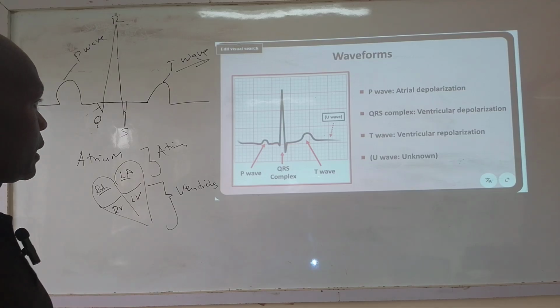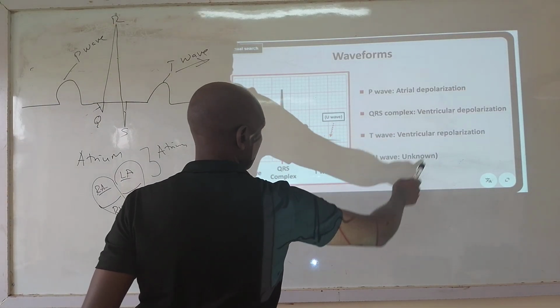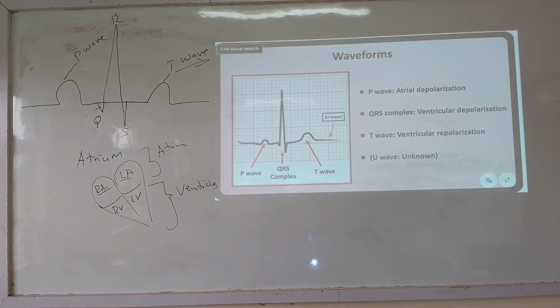The T wave, we said, represents ventricular repolarization.